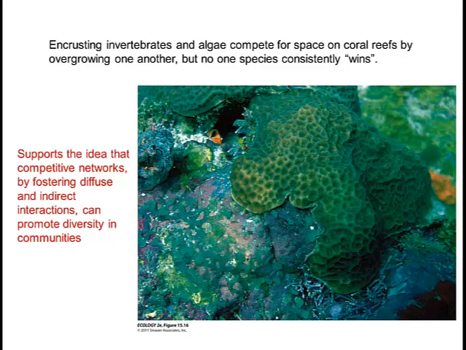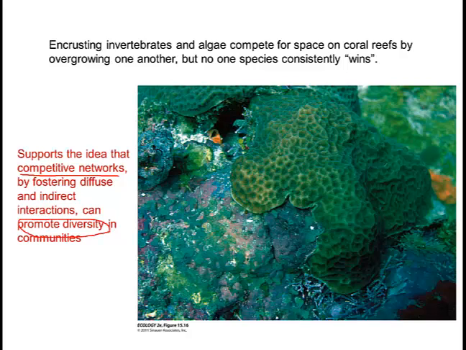And what we find is that there's no one species that actually dominates here. Okay, so one kind overgrowing the other kind, coming in and encrusting over that, this actually supports the idea of these competitive networks, because the indirect interactions that can help remove space, or free up space rather, by removing another species for another one to come in actually ends up promoting diversity.